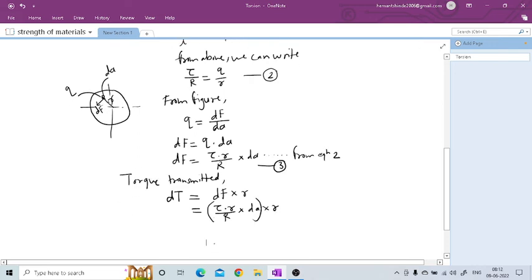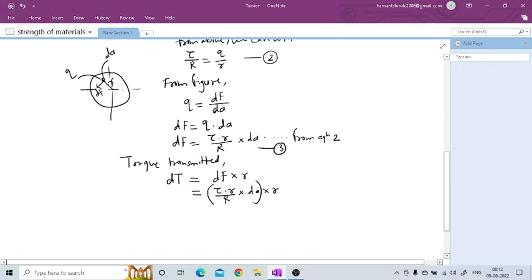So we can write this dT is equal to tau into r into r, r square divided by capital R into dA. So this is the value of dT, but this is the torque which is transmitted by this small particle. Now if I want the total torque, then we will have to add the torque transmitted by the number of small particles in this cross section.